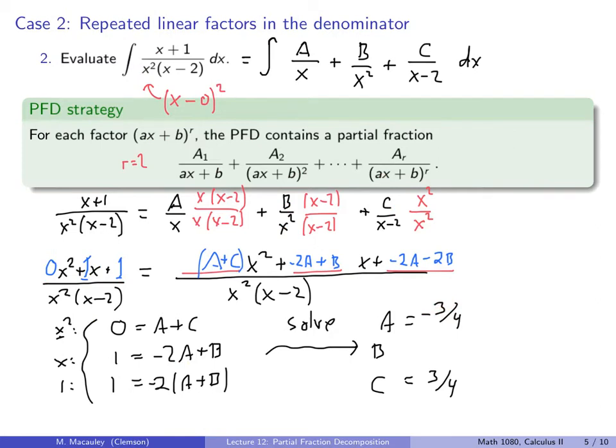No, I'm sorry, b is 1 plus 2a, so 1 plus negative 1.5, so that is negative 1/2.